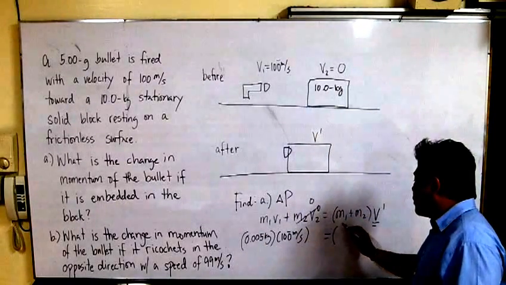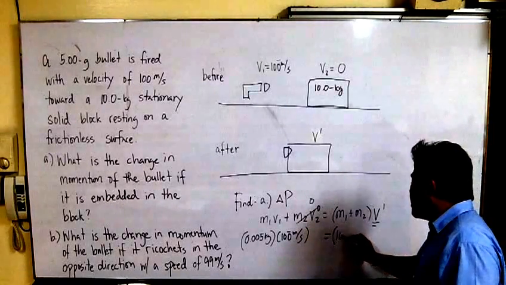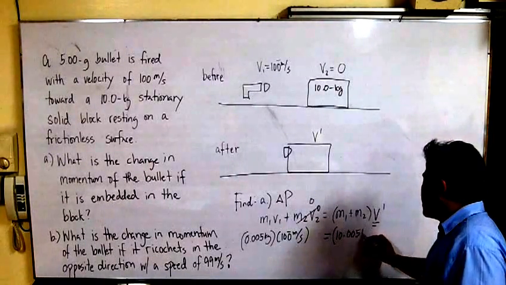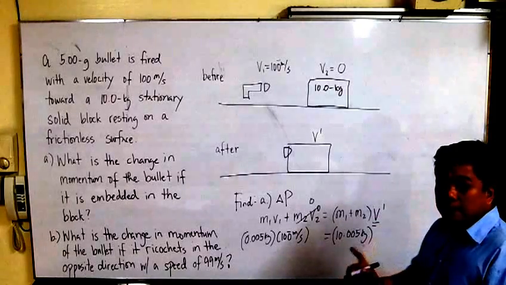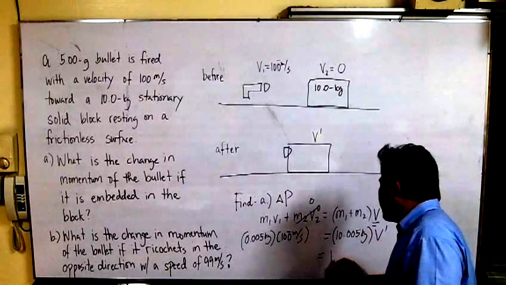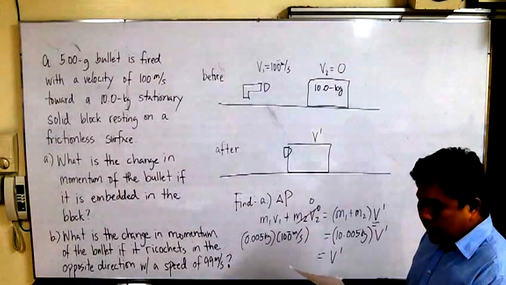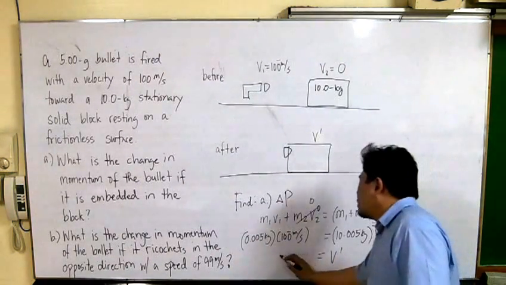And then the total combined mass would be 10.005 kilograms, mass 1 plus mass 2. Then we solve for V prime. Solving for V prime, you will get an answer of 0.0499 meters per second.